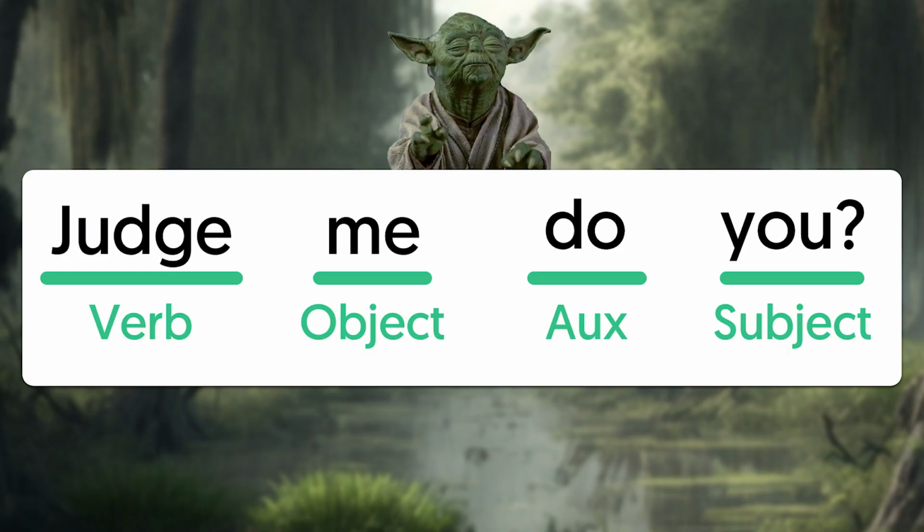Then, do you, auxiliary verb, subject. So for this question and some other questions I've heard, he's not flipping anything around. Nothing that crazy or strange is happening. He's simply taking the last two words, judge me, the verb and the object, and moving those to the beginning.